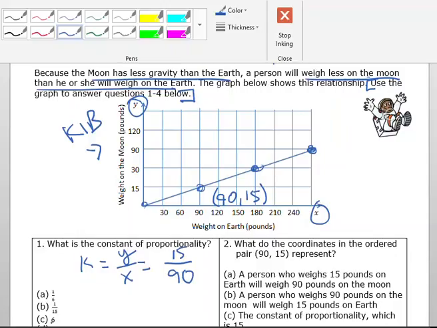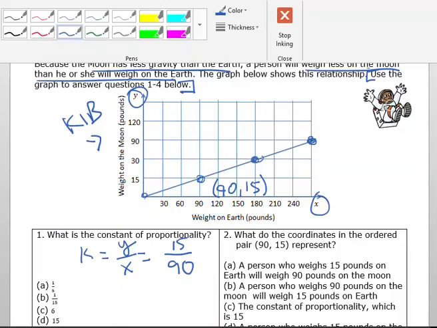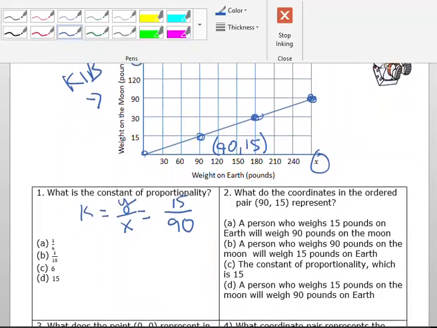And it looks like they simplified that in my answer choices down here. So I'm going to simplify 15 over 90, and I'm going to get 1 over 6. Okay, so my constant of proportionality here is 1 over 6. That's A. 1 over 15 is wrong. 6 would be the sort of distractor, right? If I had switched my x and my y, I would have gotten 6 over 1. So that one would probably be the most common mistake.